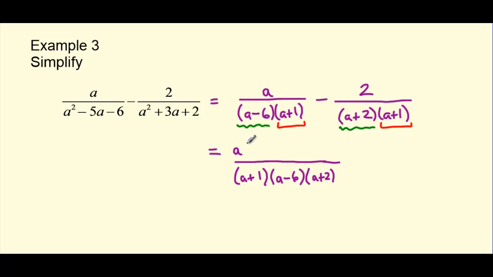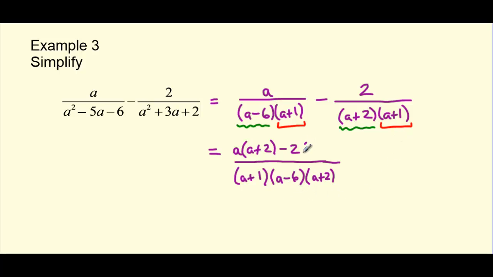So we're going to take our numerator of a and multiply it by a plus 2. It's the new thing. The numerator on the second fraction is a 2, but don't forget the subtract sign. We're going to put a subtract sign 2. And the factor that's new to this fraction, it already has an a plus 2 and an a plus 1, is the a minus 6.